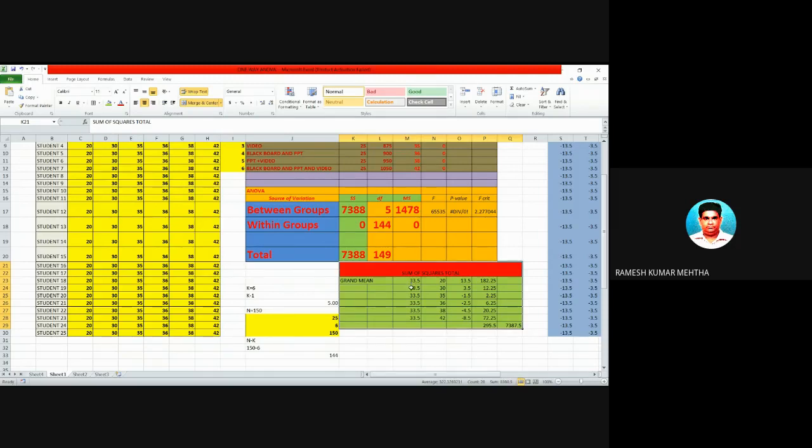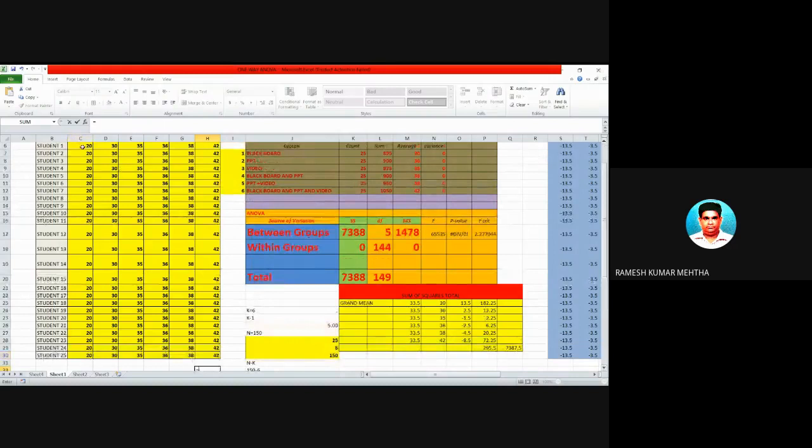Now here, first and foremost, I have to find out the grand mean. What do you mean by grand mean? I am showing the calculations. There are 150 marks in this area. You have to sum them and divide by the total number of observations.